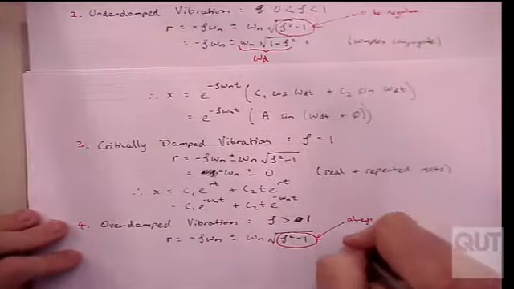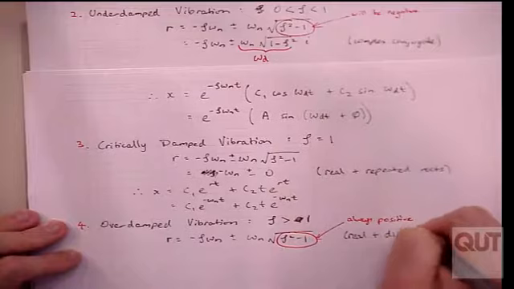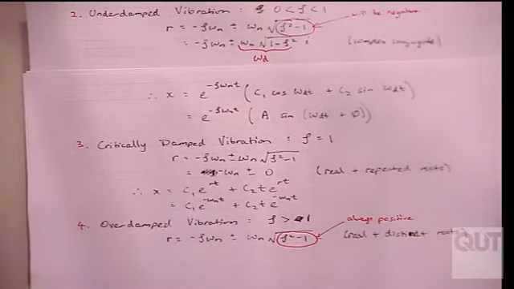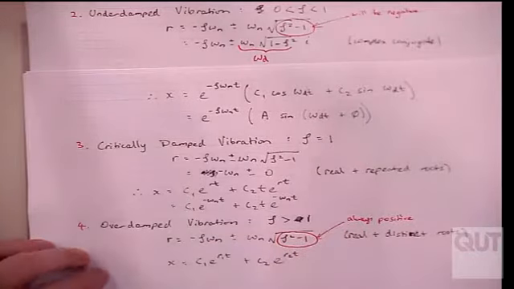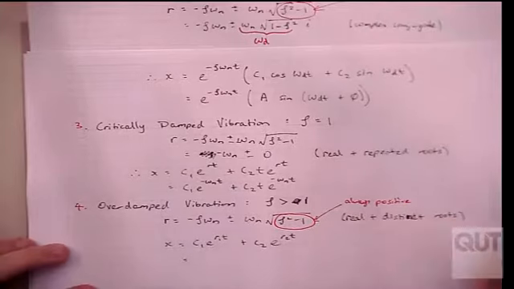So that's what the roots look like. They're real and distinct roots. In any scenario where we get real and distinct roots, the solution is just C1 e to the R1 t plus C2 e to the R2 t, where R1 and R2 are our roots.